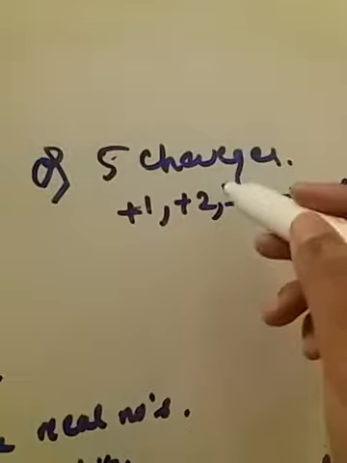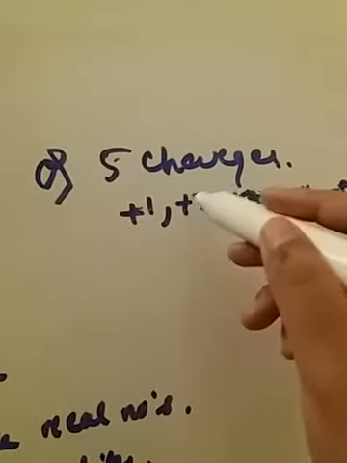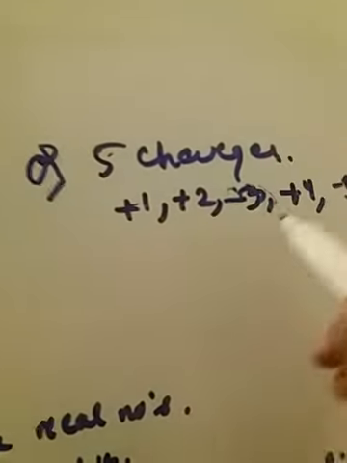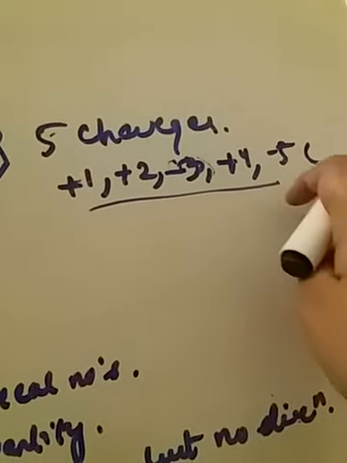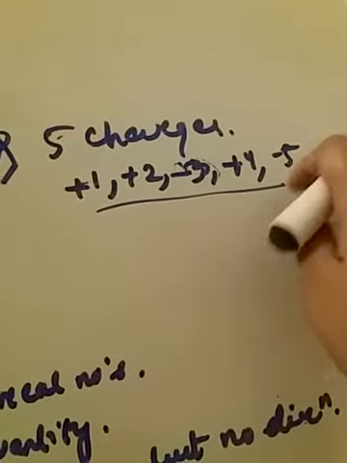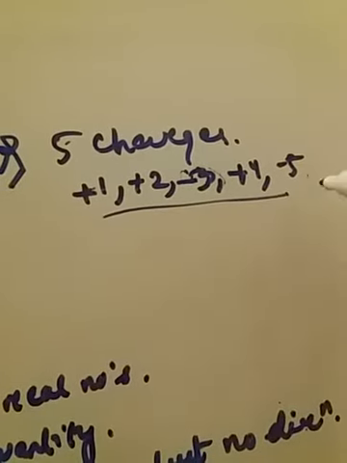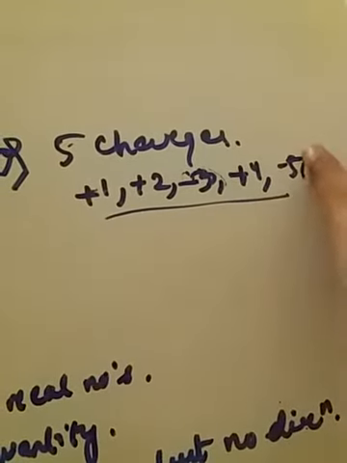So what is the net charge here? In some arbitrary unit; I have not given any unit. It may be coulomb. Suppose it is coulomb, then you will get the answer in coulomb. If it is given in the same unit, the answer will come in that unit only.